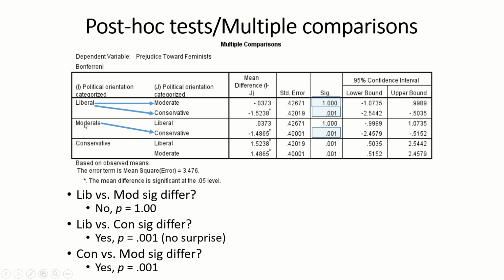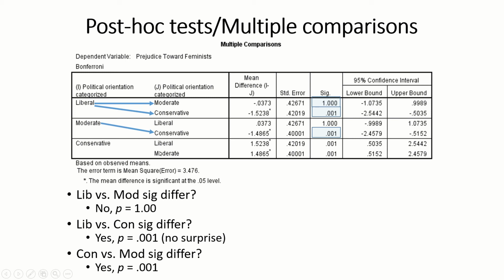We can see that conservatives are scoring higher than moderates. If we look at the mean difference, moderate minus conservative gives us a negative difference of negative 1.49. So if we take the moderate mean minus the conservative mean, that gives a negative mean difference, so we know that the conservative mean is higher than moderates.